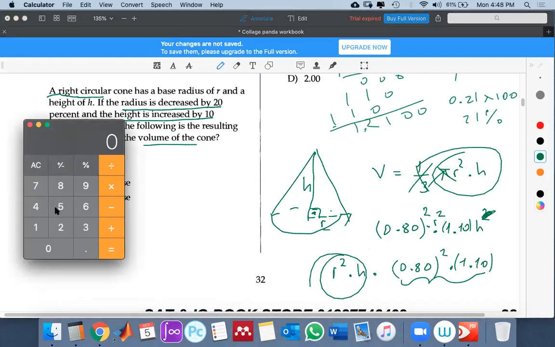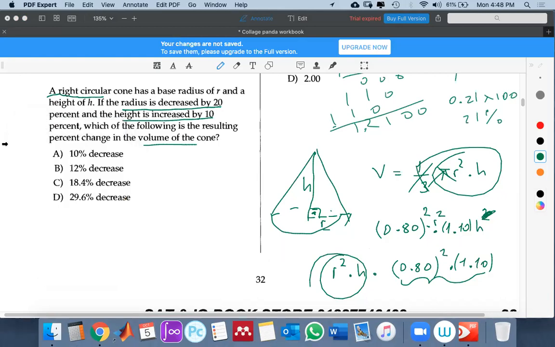Let me do it here: 0.80 times 0.80 times 1.10. It is 0.704. Okay, so now what it says: resulting percent change in the volume. So this is the new one.